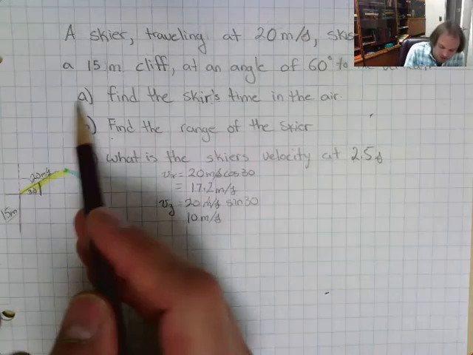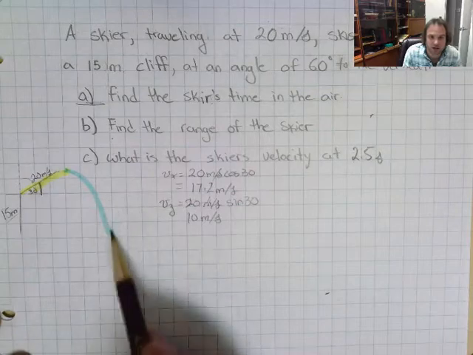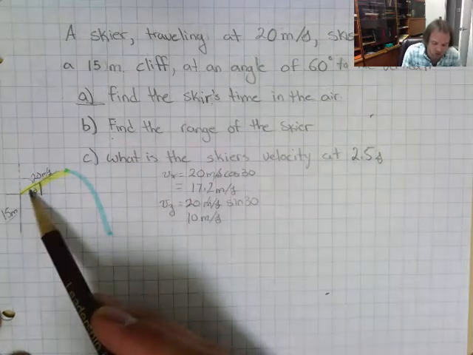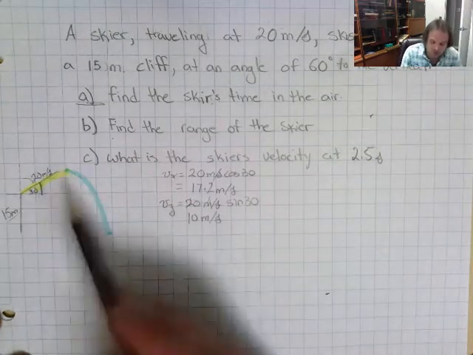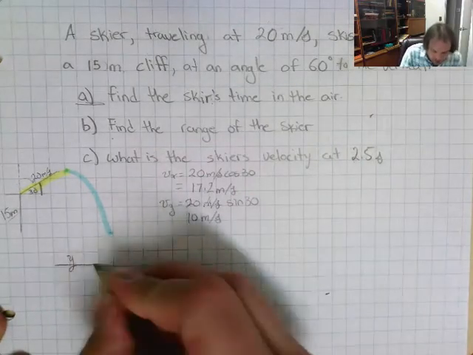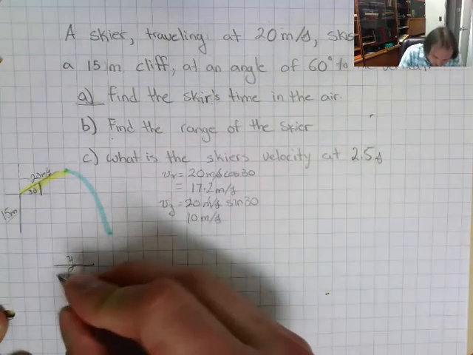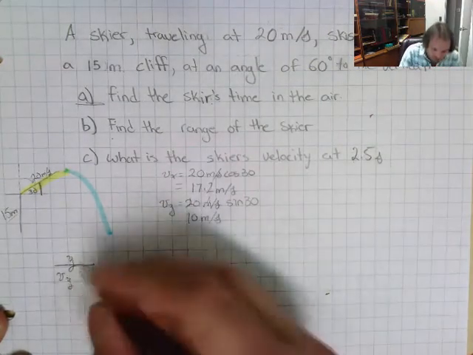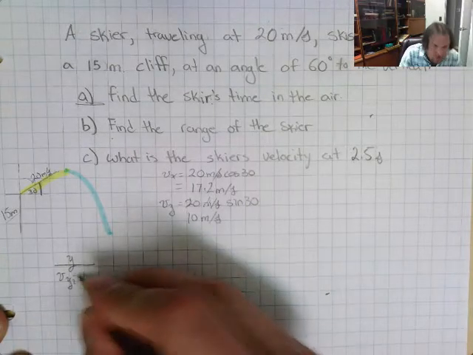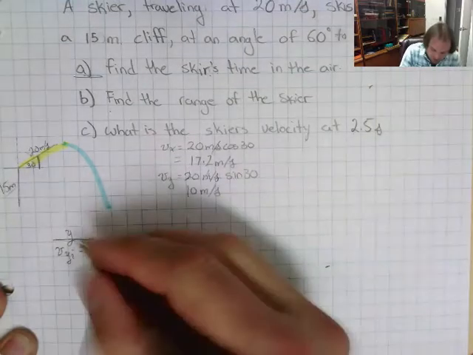Let's take a look at part A. It says, find the skier's time in the air. So we want the whole time in the air here. So we're going to actually want to do my first part, which is my physics of war. So let's break it down to my y to get my time to the maximum height. Here we know my Vyi is equal to 10 meters per second.